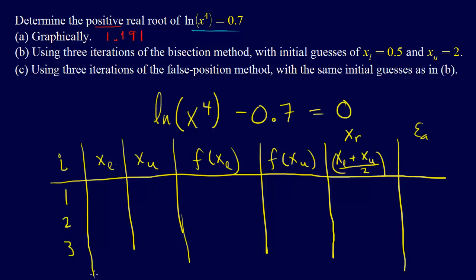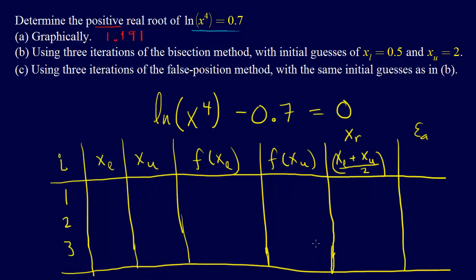They're going to have us do 3 iterations. Okie dokie, that's our table with my beautiful straight lines. XL we know right away is 0.5, and XU is 2.